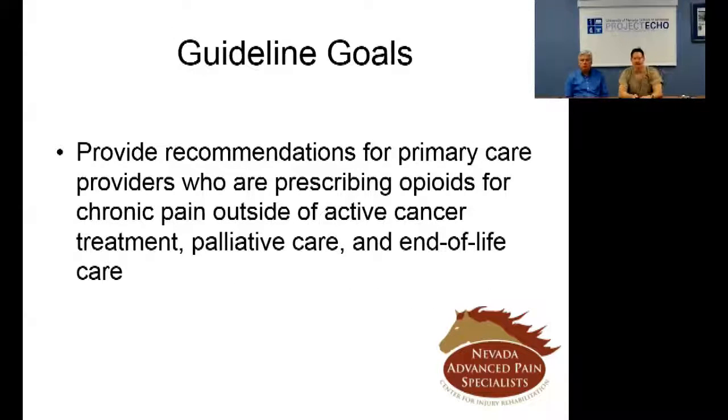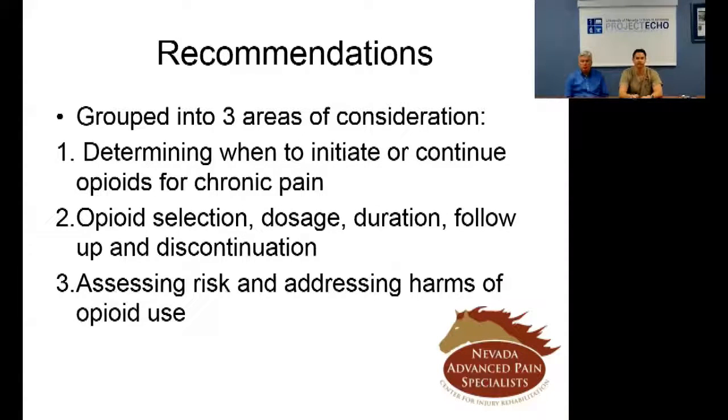These guidelines are meant to provide recommendations to primary care providers who are prescribing opiates for chronic pain outside of cancer treatment, palliative care, and end-of-life care. The recommendations break down into 3 areas of consideration. Number 1, which we're going to cover today, is determining when to initiate or continue opiates for chronic pain.